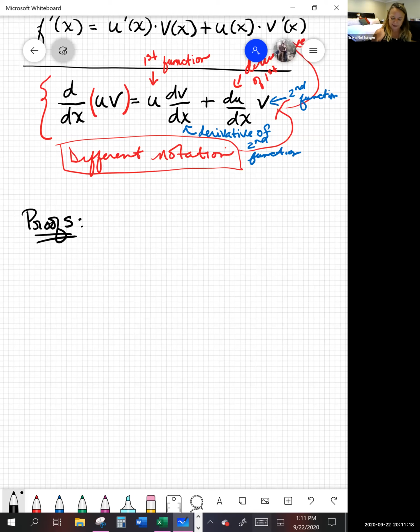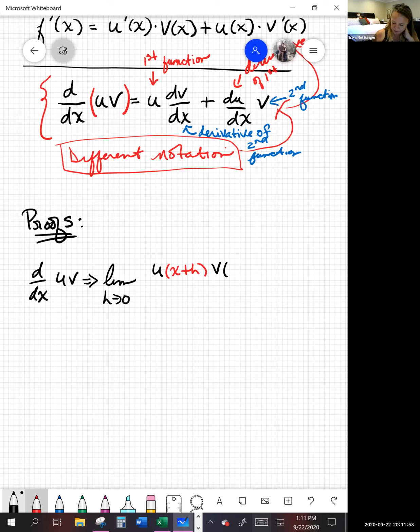Okay, that being said, we're going to take the derivative of, and I'm just going to write it how they do, u times v. Unfortunately, we're going to look really quickly at this limit, the precise definition. The precise definition says we're going to look at u of x plus h, v of x plus h.